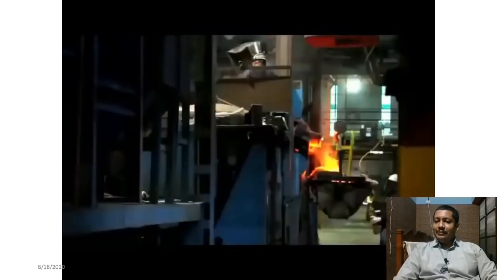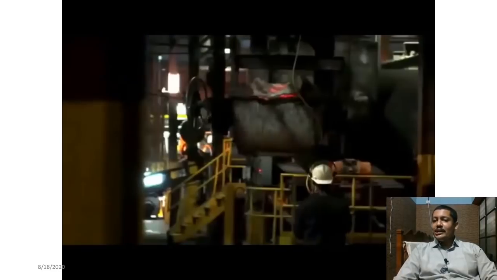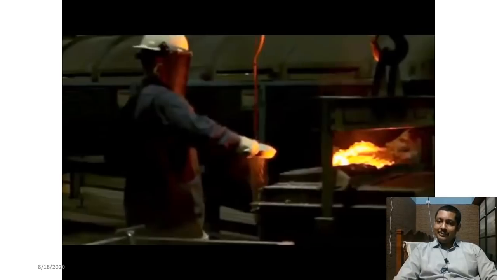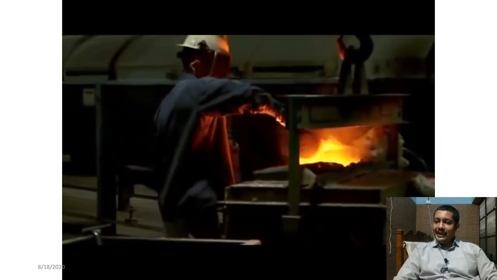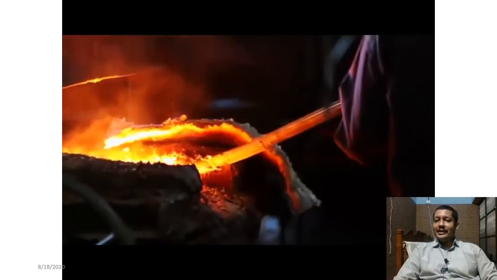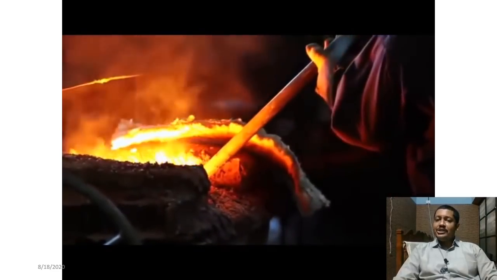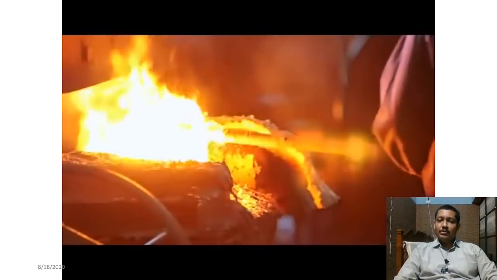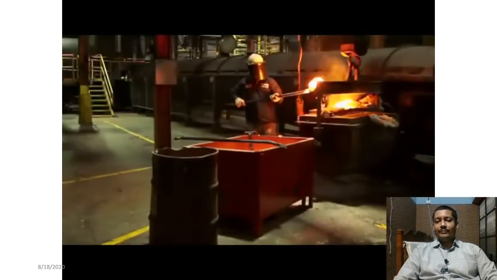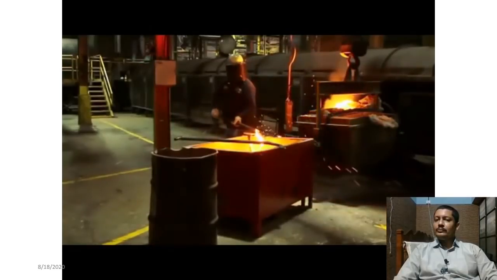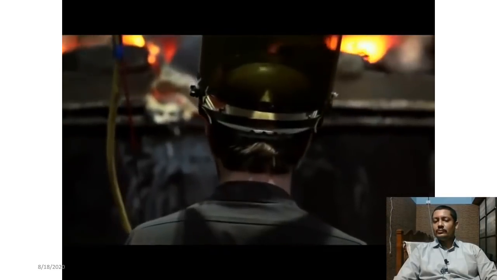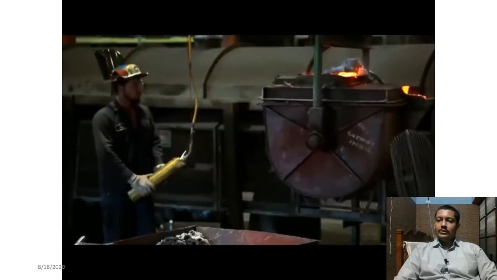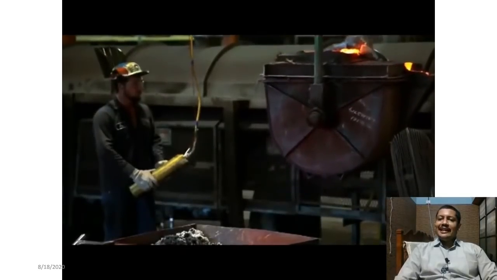So the melting temperature is an important parameter. Pouring temperature is also an important parameter. We are slagging one last time to make sure our cast iron has no impurities before it proceeds to the molding process.